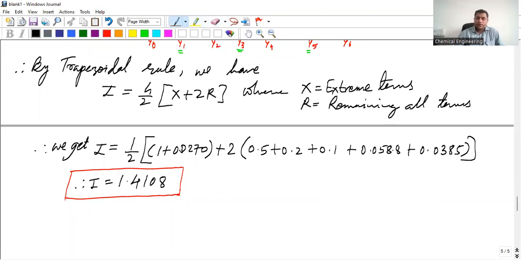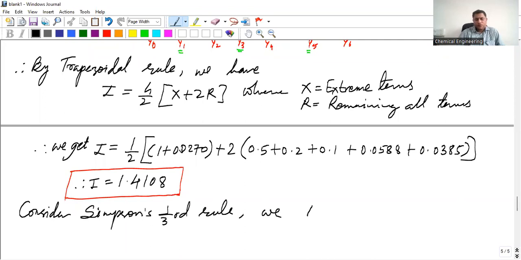So let us think of the next. Consider Simpson's 1/3 rule. What does Simpson's 1/3 rule say?